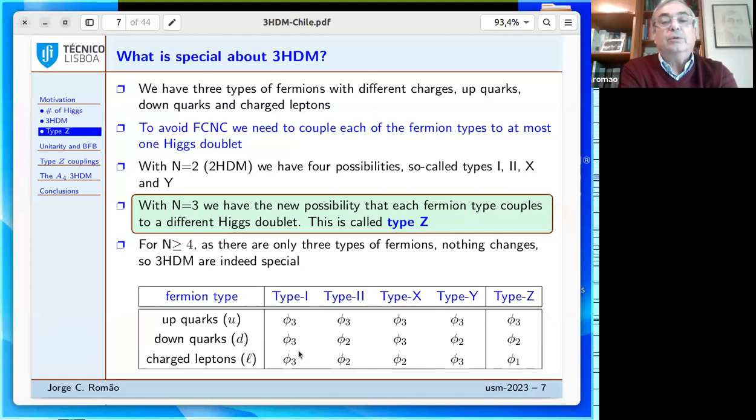I mean, you can have 1, 2, X, Y, and Z, but not any different type of coupling. That's why the 3HDM is the first time that this new coupling appears, and it has not been much studied. That's one of the interests of this type of models.